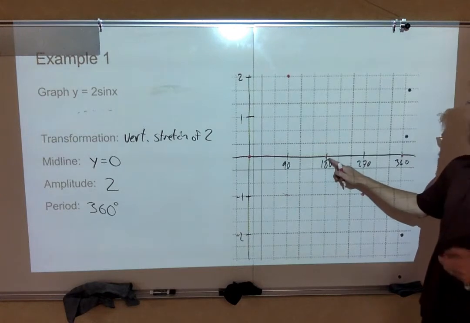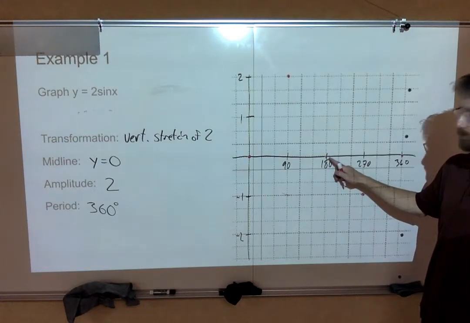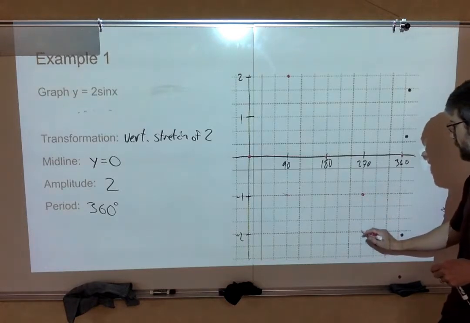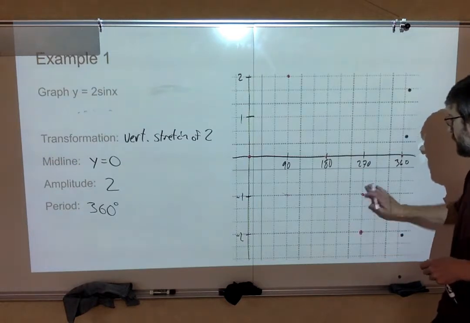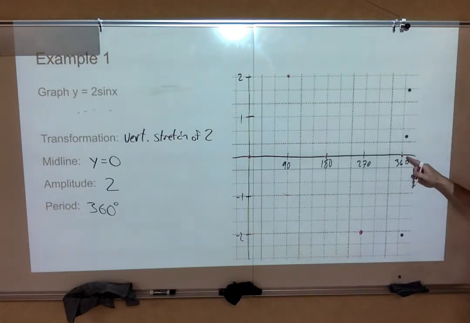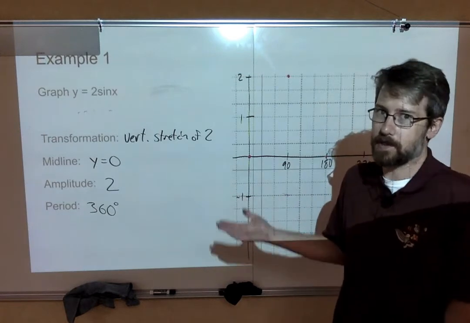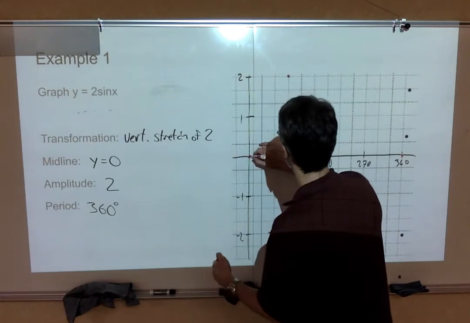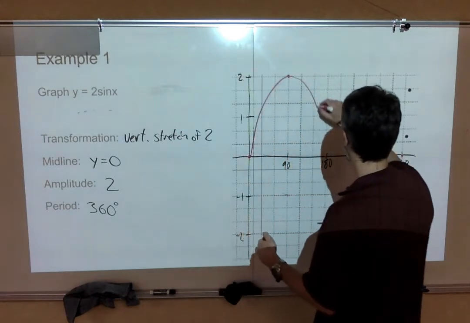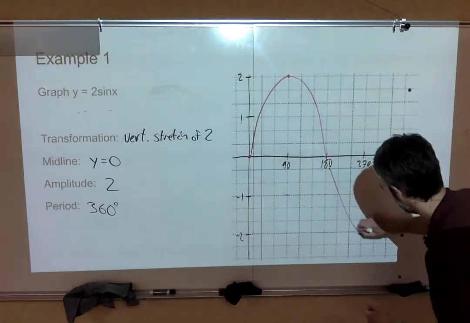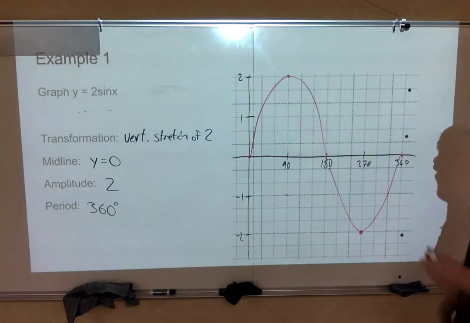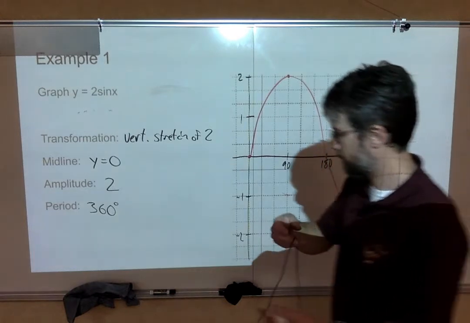If I multiply this 0 by 2, again, it's still 0. If I multiply -1 by 2, it stretches down to -2. And then this 0, again, remains unchanged, because any of the zeros, you multiply it by whatever, it's still going to be 0. All right, so now I just have to square my shoulders and trace through a nice smooth line, and voila, a beautiful sine graph.